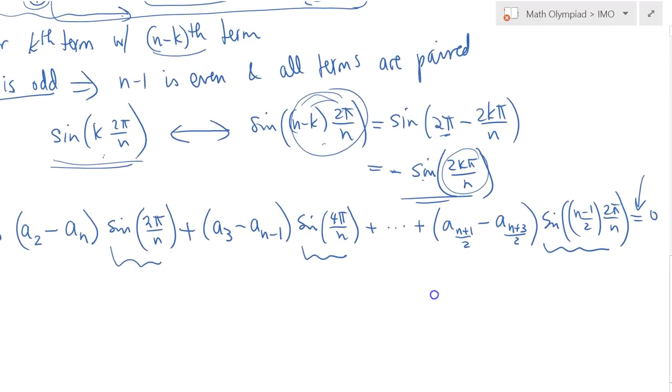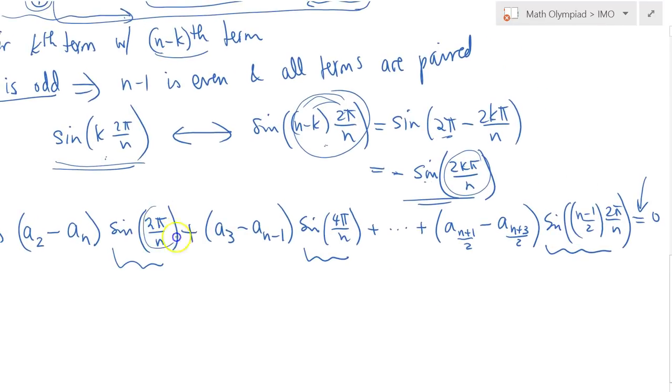So all these angles here, and here too as well, look at this, so the 2's cancel out, n minus 1 over n times pi. Obviously even this one is less than 180, right? So all these angles are less than 180. So therefore the sine of all these angles are greater than or equal to 0. So these terms are all greater than or equal to 0. And we want to add all these terms.